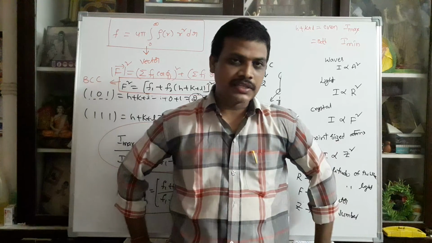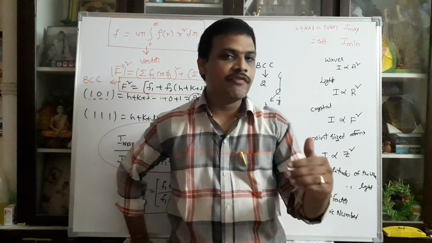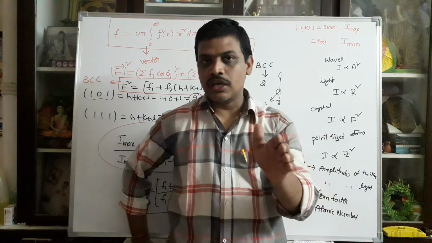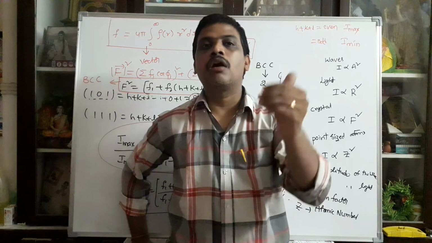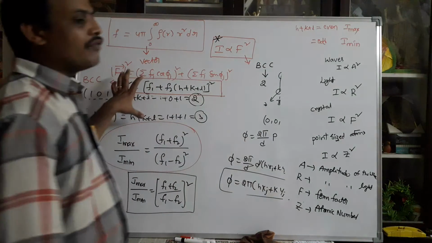Suppose Bragg's condition is not obeyed for a different glancing angle, or a different wavelength of X-rays. In that case, are X-rays diffracted or not? How to explain? By explaining based on this form factor value.